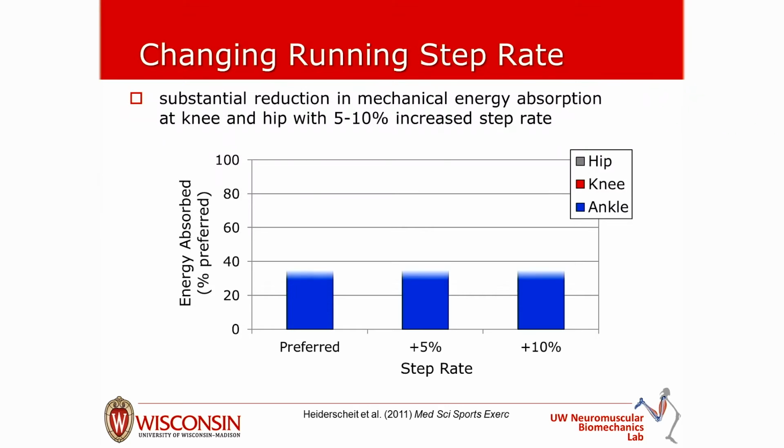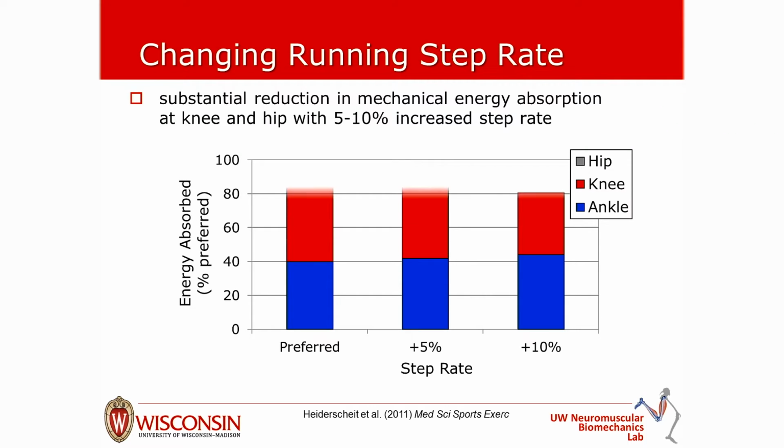So when we look at the mechanical changes that occur when you run with different step rates, what we see at the ankle, the knee, and the hip is that as you increase your step rate, running at the same speed, that's an important factor, you'll notice that the amount of mechanical energy absorption, as described by your joint powers, you'll see that there's a 10% reduction in total energy absorption with a 5% increase in turnover.